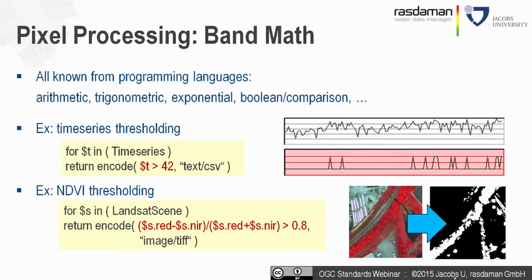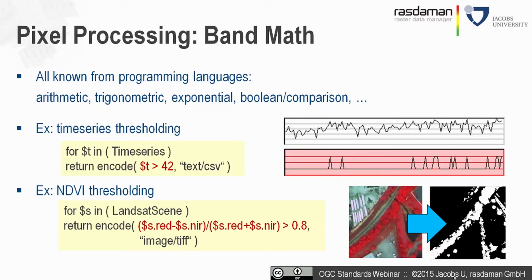In our $t variable, we have the time series, and we compare element-wise against the threshold value of 42, and the result will be a Boolean time series of the same extent, where for every cell we have a value of true or 1 when the predicate is fulfilled, or 0 or false whenever the predicate is not fulfilled, so when it's below or equal to the threshold.